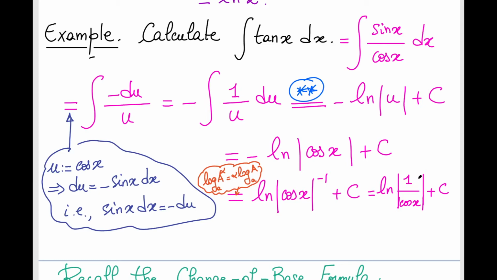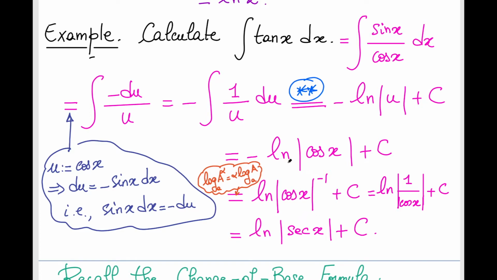Because the absolute value of a quotient is the quotient of the absolute values, and since the absolute value of 1 is 1, I get that. Okay, and what's 1 over cosine? That's the function secant. So that's ln of the absolute value of secant of x, plus c.